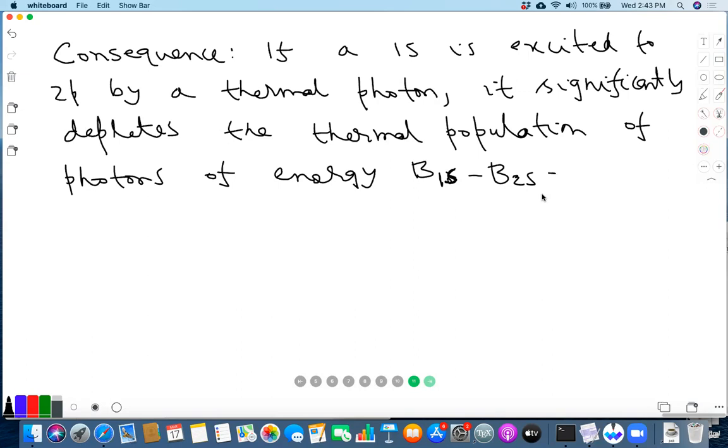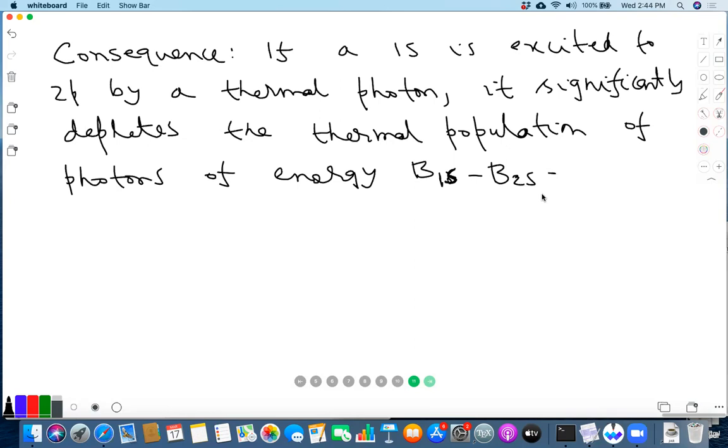that the number of thermal photons which have this high energy to be able to produce a 2s out of 1s, or 2p out of 1s, that number is small compared to the number of electrons that are present. Number of electrons that are present means number of hydrogen atoms in one state.